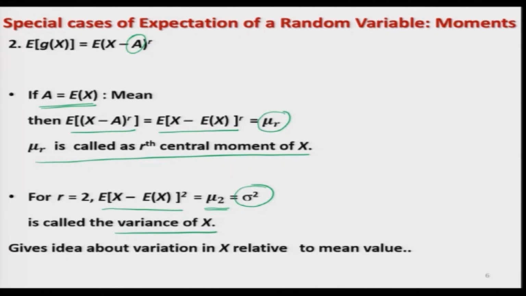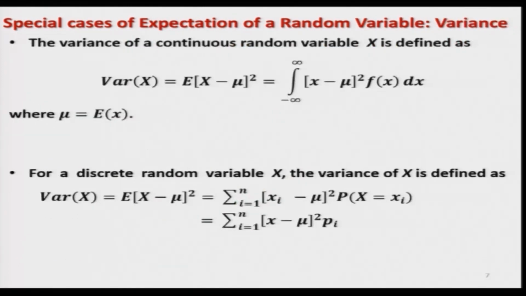This variance gives us an idea about the variation in x relative to the mean value. So that is a very important quantity that I will show you when we work on real data. Let us first concentrate on this quantity, variance, and understand how it is computed for continuous and discrete random variables.